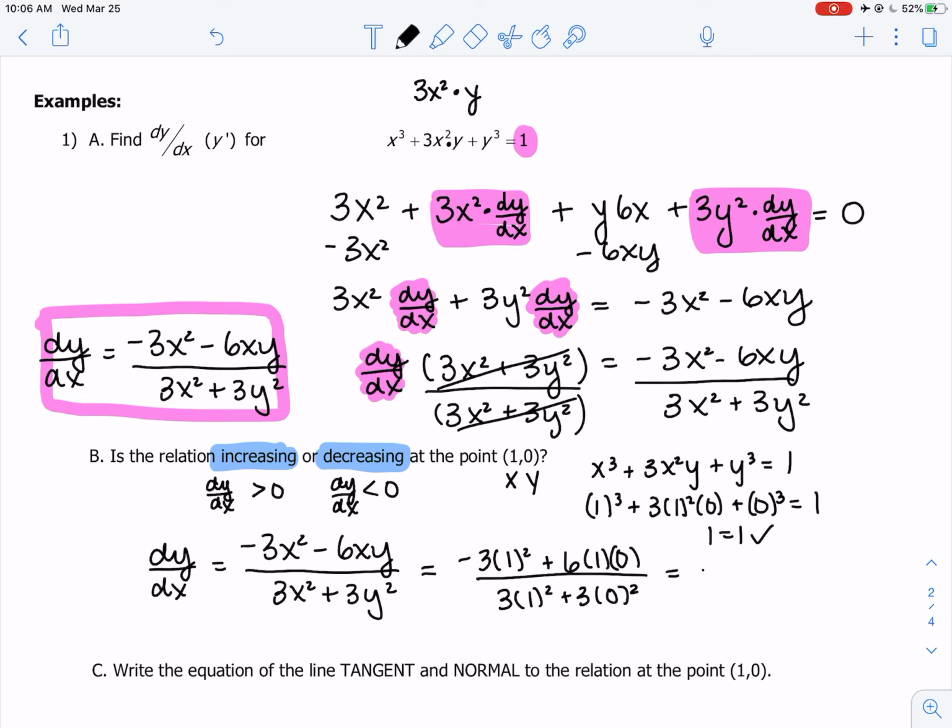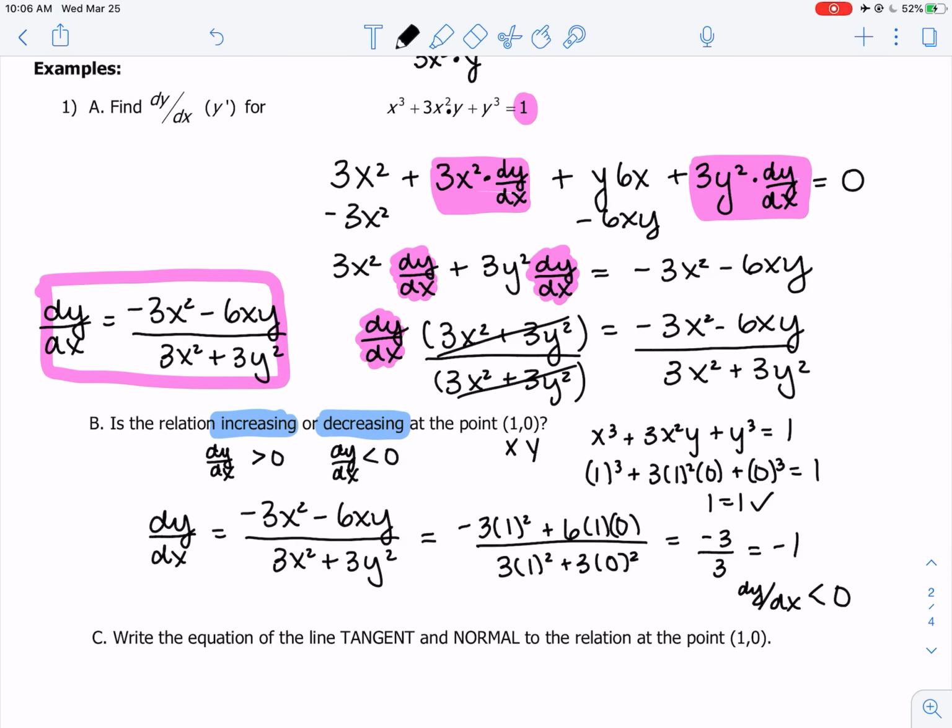If we clean that up, we do get a negative 3 over 3, which is a negative 1. That means that since our derivative is negative, or since dy dx is less than 0, your function is actually going to be decreasing. Right? So just plugging in your x and your y.